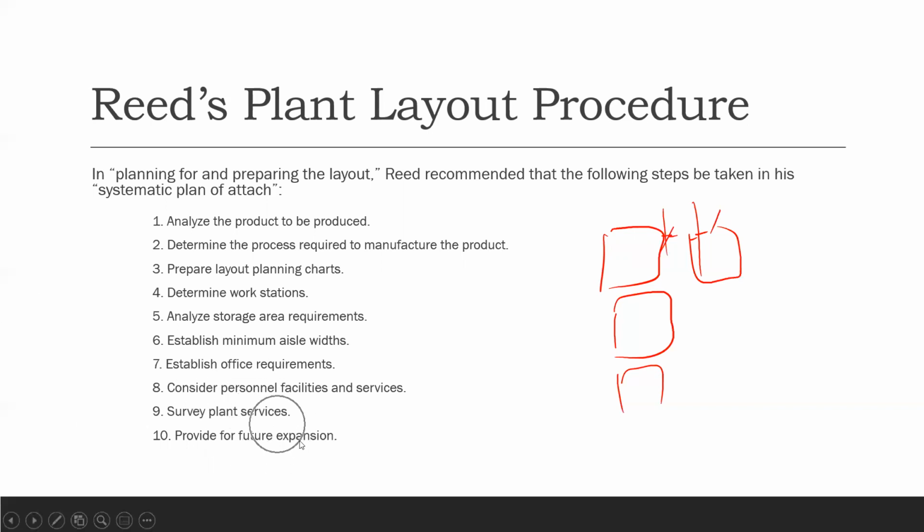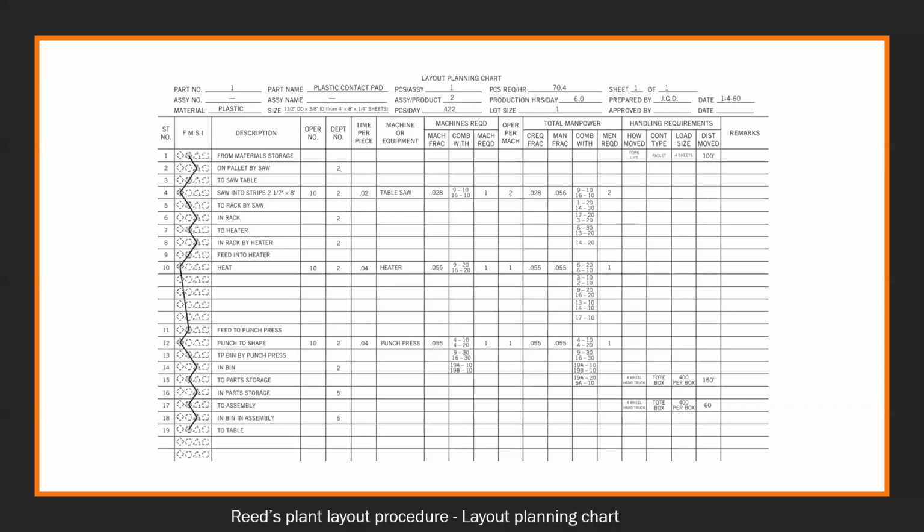And then survey, plan services, and of course, design for future expansion. Ano? So this is the concept from Reads. So kailangan ready tayo, yung layout natin ay ready for future expansion. Okay? So ito yung process, layout planning chart dun sa Reads process.